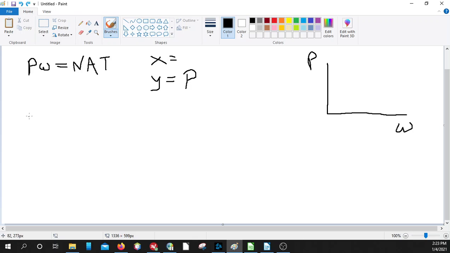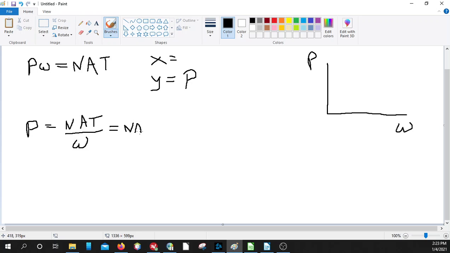Y is equal to P. So let's write it like this. P equals N A T divided by W. So now we have it like Y equals something. And remember that N, A, and T are constant.